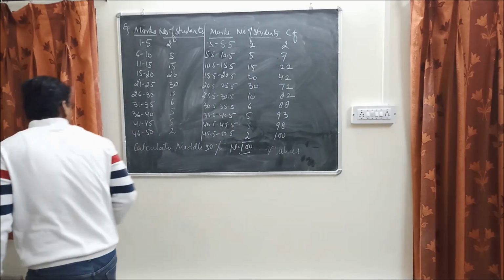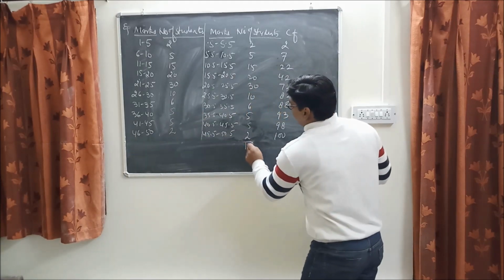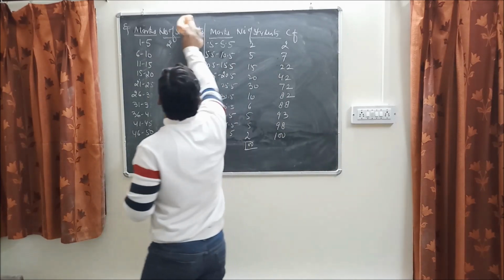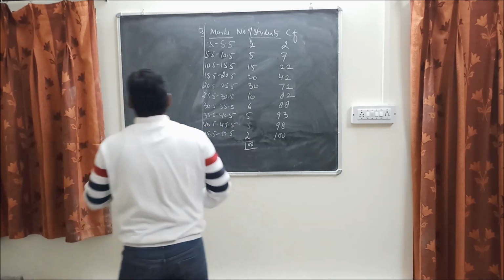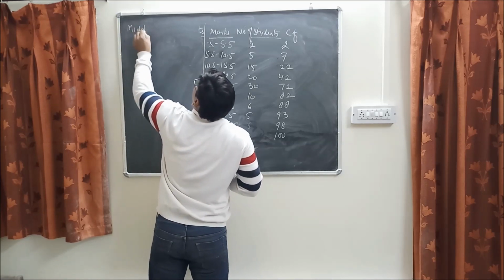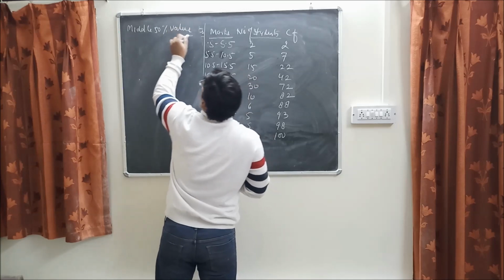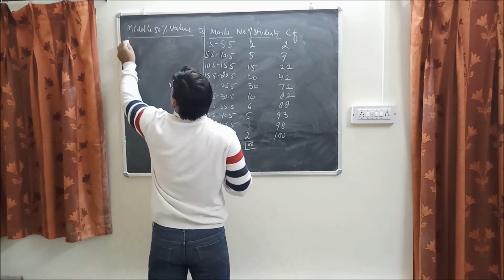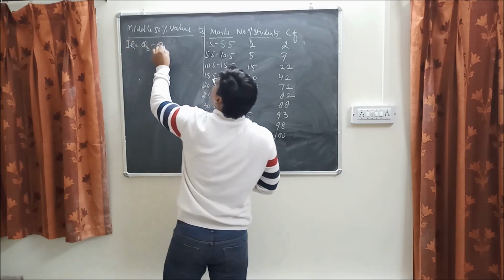In a continuous series, if we have to calculate partition values, we have to find CF. Now, for the calculation of the middle 50% value, that is IR, or middle 50% of students, we use the formula IR equals Q3 minus Q1.